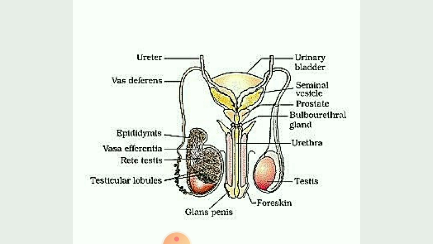Okay, children. Then see, children, the seminiferous tubules. They are responsible for sperm development and generally produce millions of sperm at a time. Various types of hormones are also produced, such as testosterone. That hormone is responsible for the proper development of your testes. Okay, children.